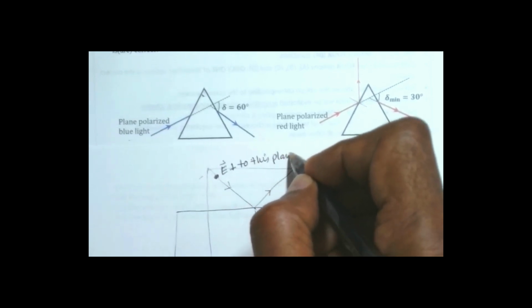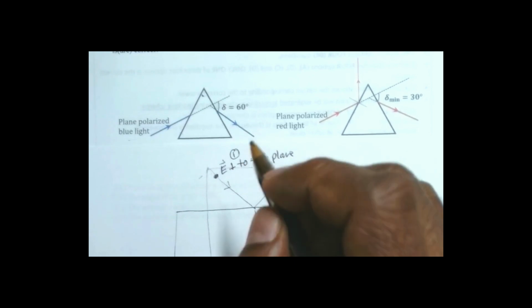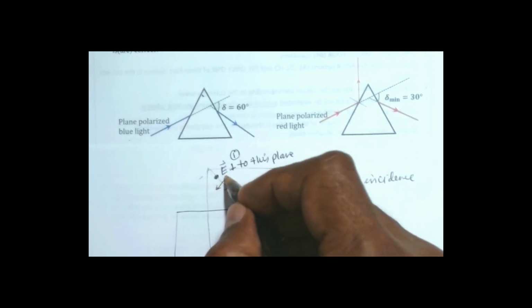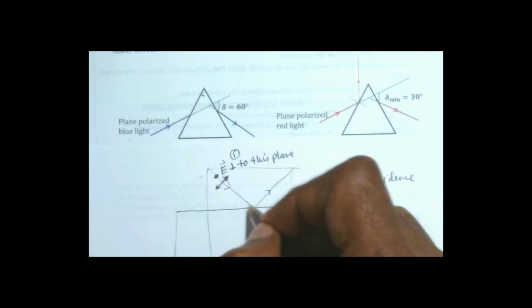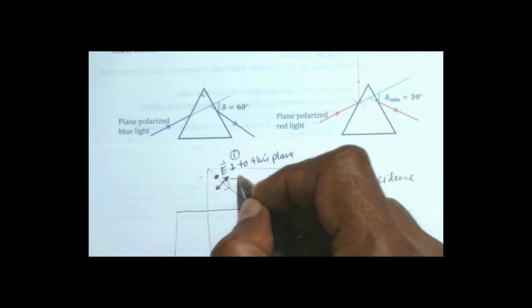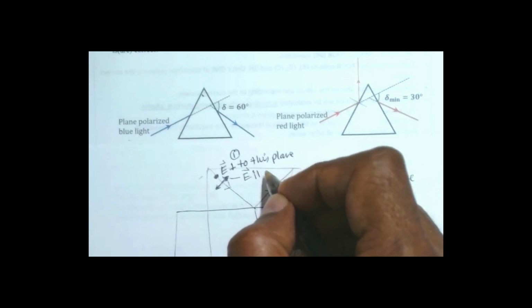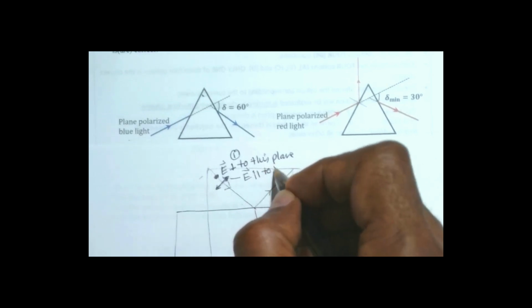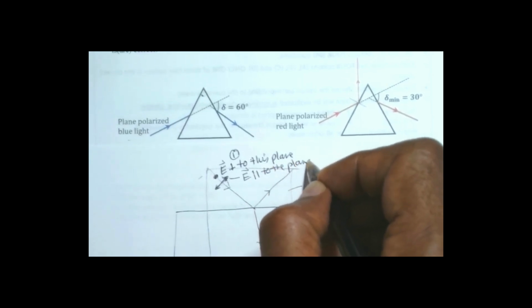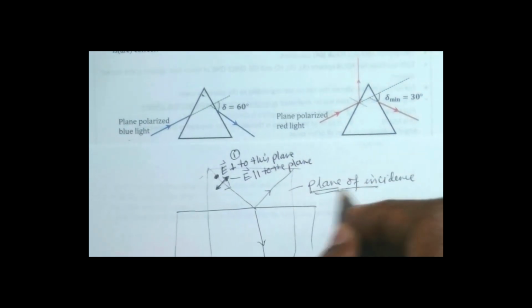So that can be one situation. Another situation will be the electric field is in the plane, because it has to be perpendicular to the path of the ray, right? So this electric field is parallel to the plane of incidence. We're talking about the plane of incidence, okay?